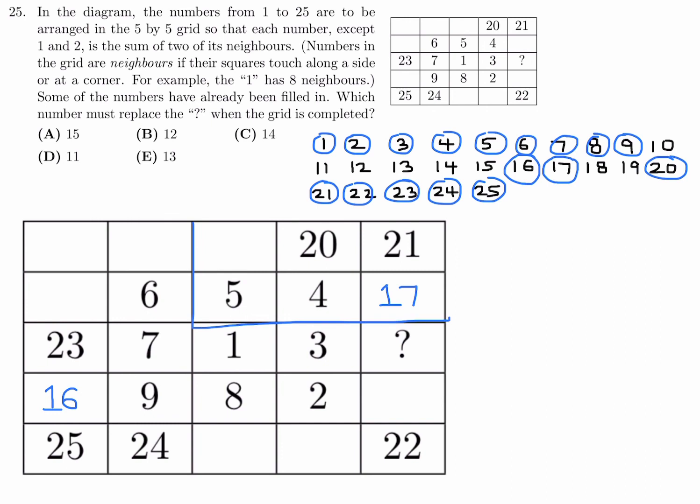One of these neighbors has to add up to another one of its neighbors to get 20. Well, there are lots of possibilities. 21 is obviously greater than 20, so that's not going to help me. But 17 plus 3, but 3 is already here. Okay, no good. 4 plus 16, but 16 is already here, so that's no good. So 5 plus 15. It's the only way. So there you go.